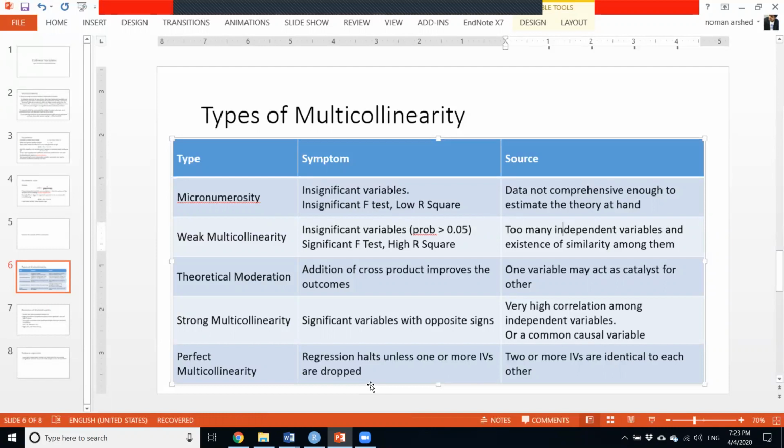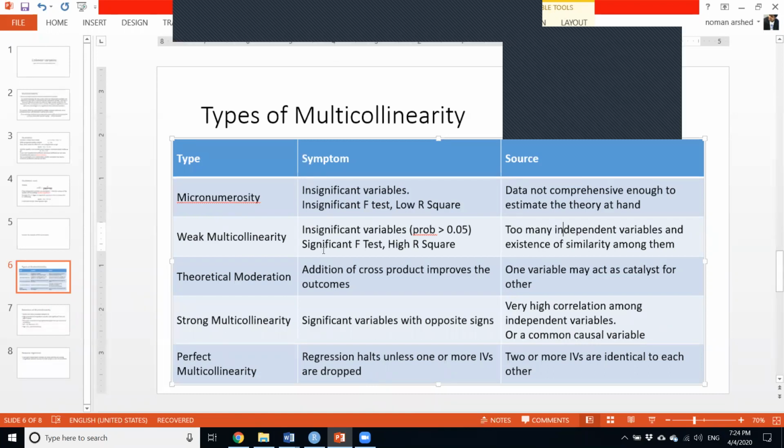Regression cannot give an answer in infinity, so it will stop and give an error. Perfect multicollinearity will come when two or more independent variables are exactly identical to each other. So the only reason is that the two independent variables are identical to each other. This is the way we can distinguish between different types of multicollinearity.